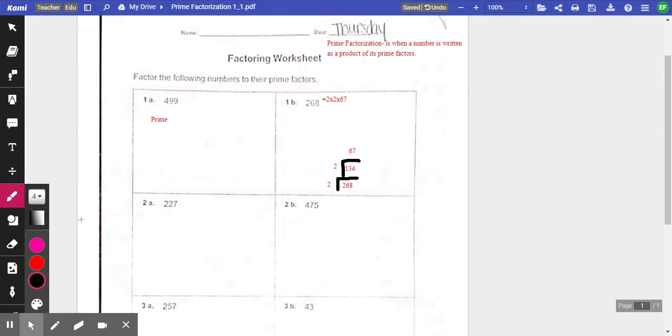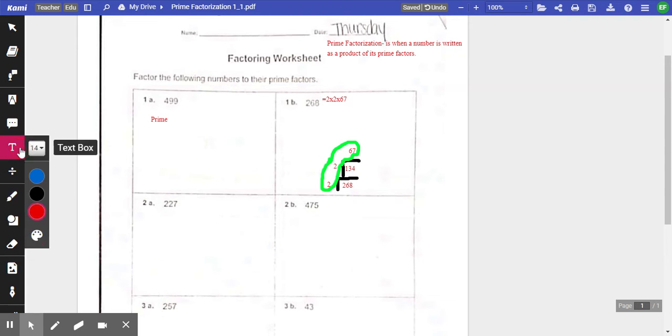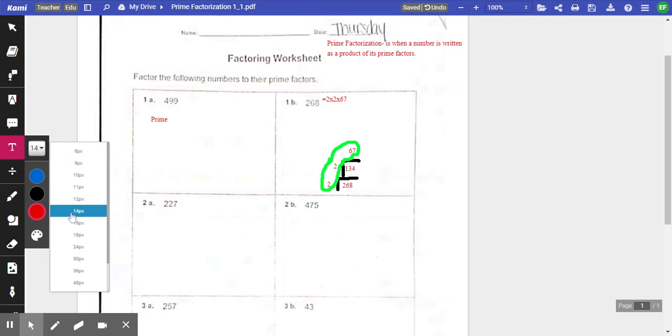So we're taking these numbers that are outside and on top of our division bracket right here, and we're writing them as a multiplication problem. Now, last week we talked about exponents, and we can actually simplify this problem here. We can simplify it, write it in simpler terms by writing it with exponents.